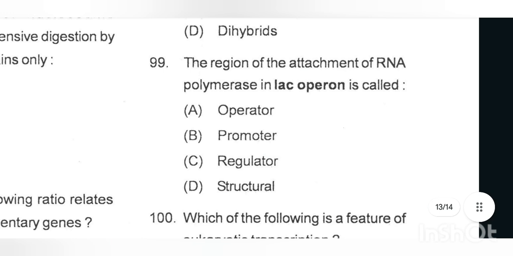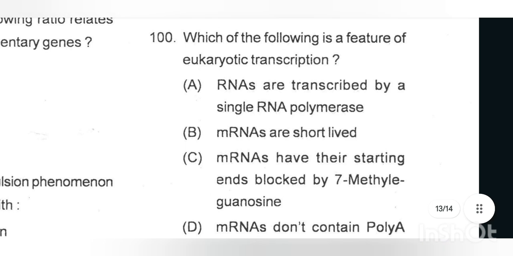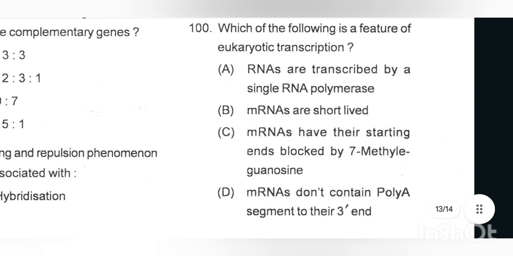Then the region of attachment of RNA polymerase in lac operon. So RNA polymerase attached to the lac operon at which site? At promoter site. Then the last question, which of the following feature is a feature of eukaryotic transcription?